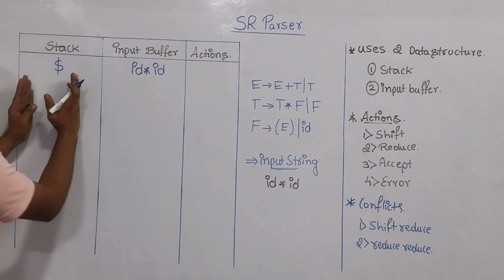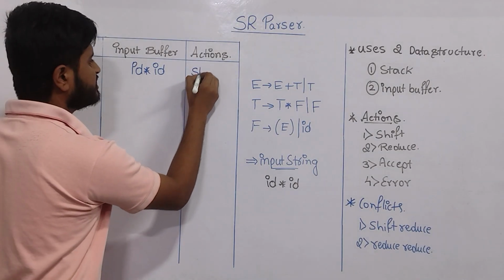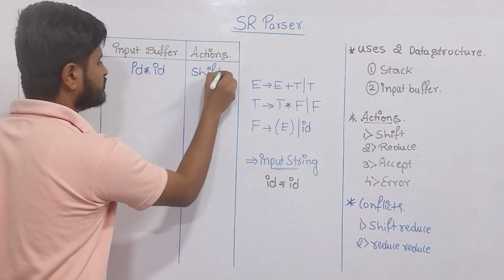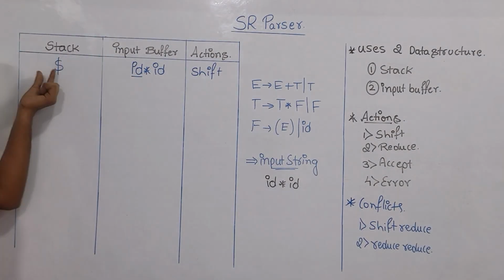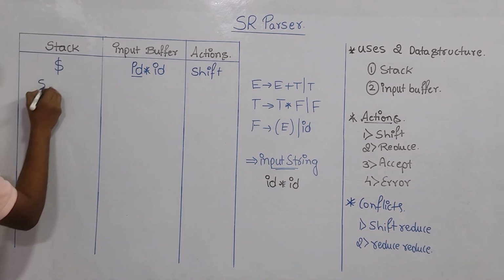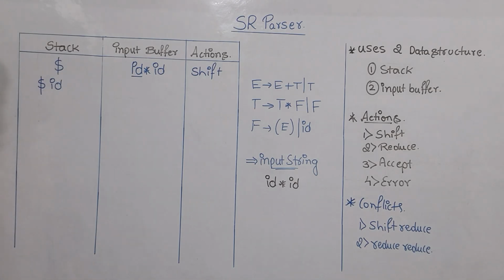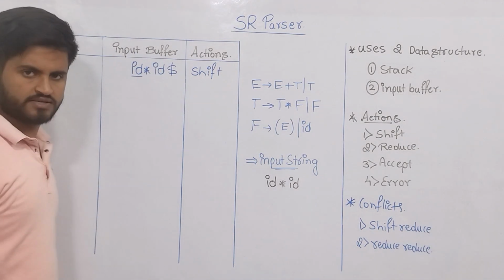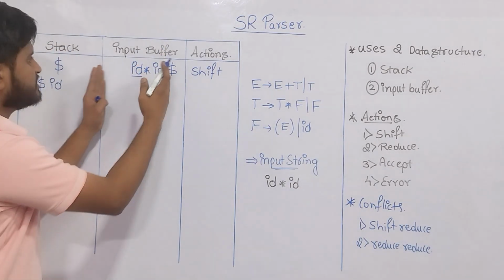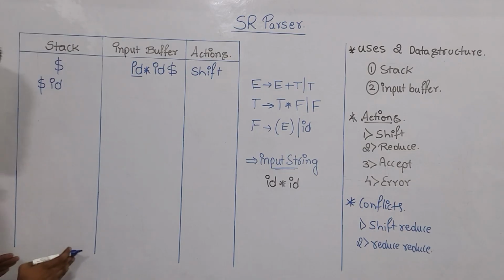Since my stack is empty, what will I be doing? I will be doing a shift action. So the first element, that is id, will be shifted towards the stack. So dollar will be the same. Next id will come here, and with the input buffer we will be using the dollar symbol, because in the input buffer we will be emptying the elements and shifting them towards the stack.